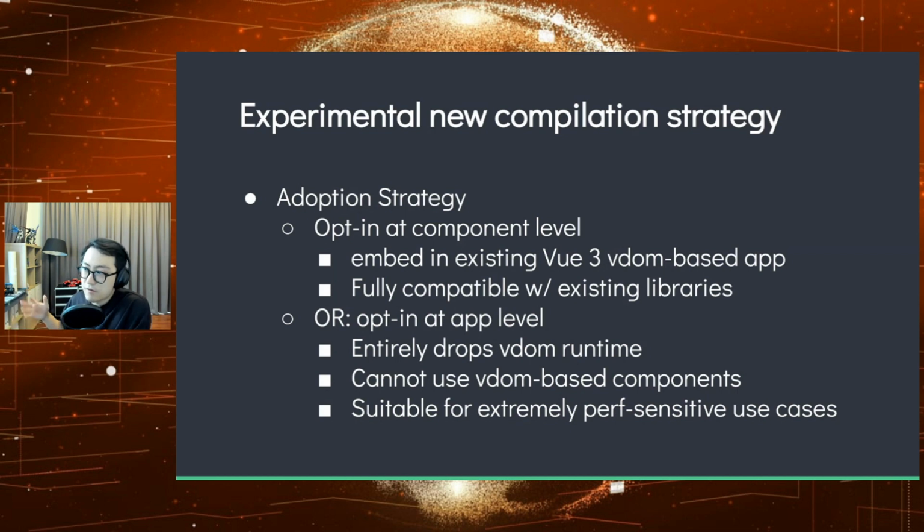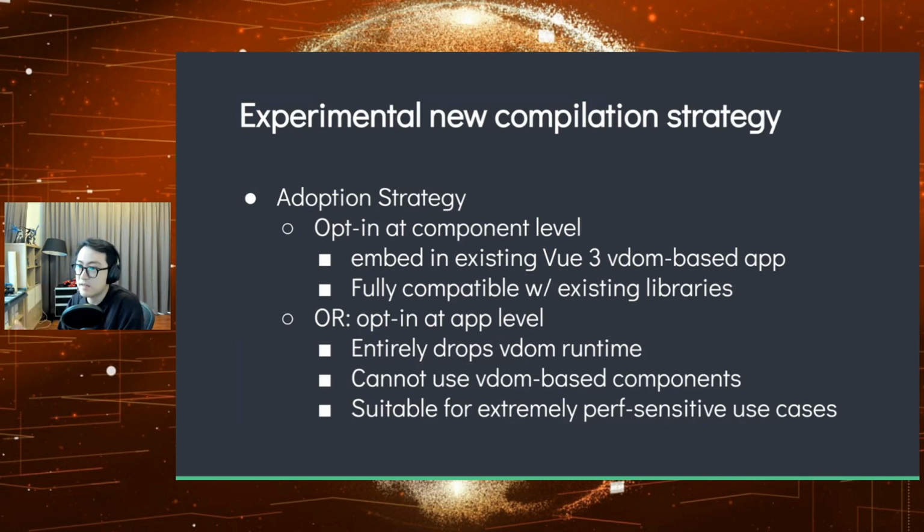Or if you're building new apps or extremely perf-sensitive use cases, you can opt in to this at the app level. This allows us to entirely drop the virtual DOM runtime. This means you cannot use virtual DOM-based components, but it might be worth it if you're looking for extreme performance in certain scenarios. But either way, I believe this will be beneficial, because this doesn't really change the development aspect of it.